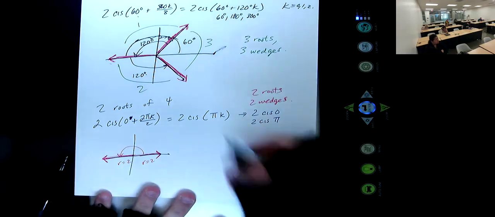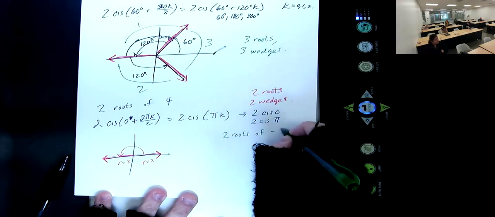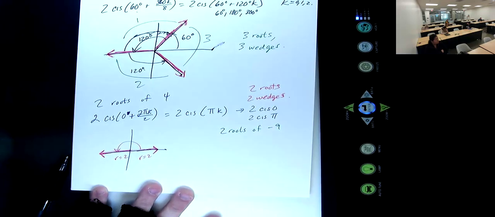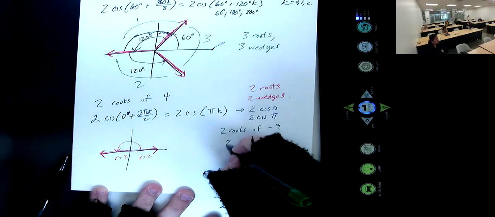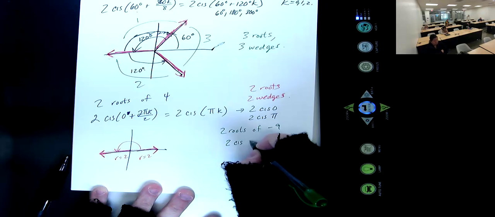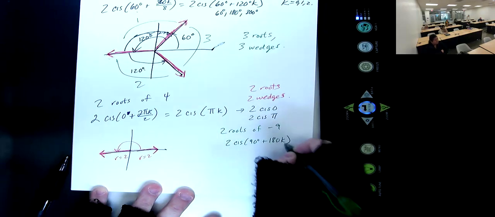When we did the 2 roots of -9, we ended up with 2 cis (90 + 180k), and we got 90 and 270 there.